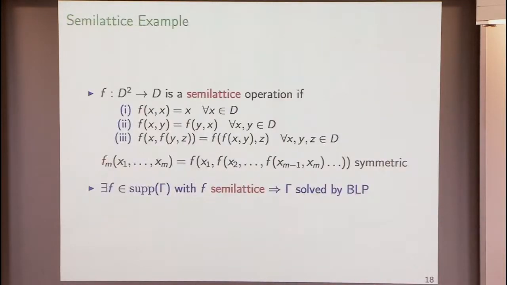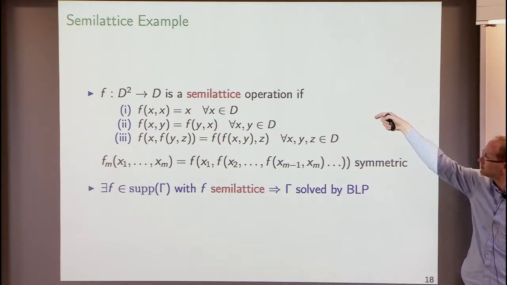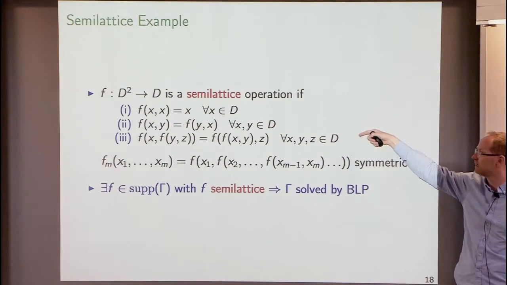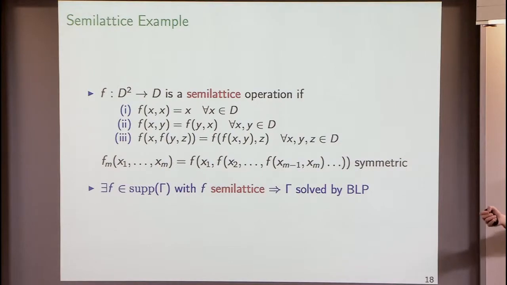So here's an example. A binary operation is called semilattice, and think of min or max as a good example, if it's idempotent, commutative, and associative. If you have a semilattice operation, you can build symmetric operations of arbitrary arities, as you would do with min. So this expression is the same as if you had binary min.